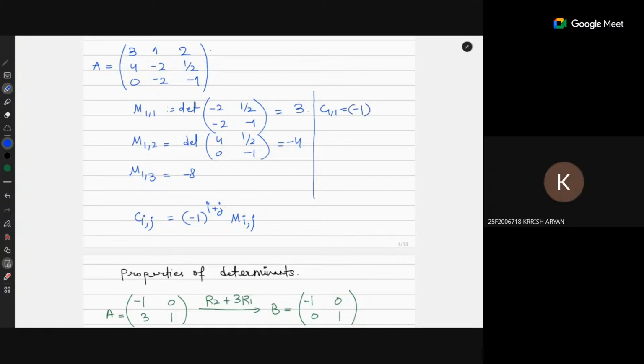It is minus 1 to the power 2 times the minor, so it is 3. What about 1 comma 2? It is 4. What about 1 comma 3? It is -8.